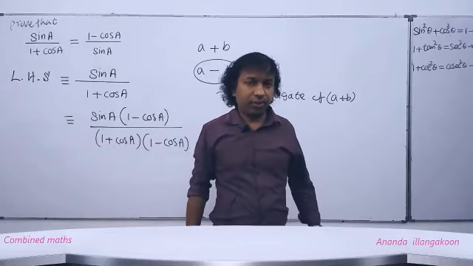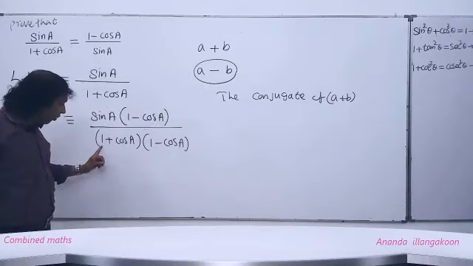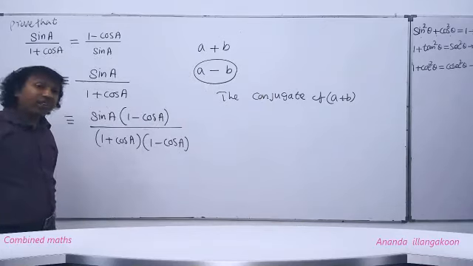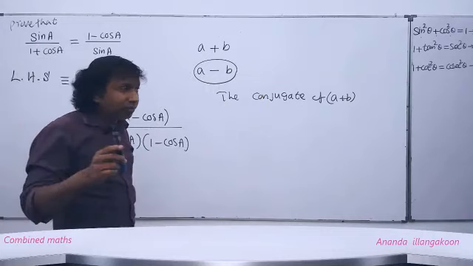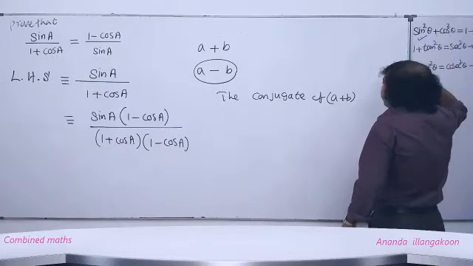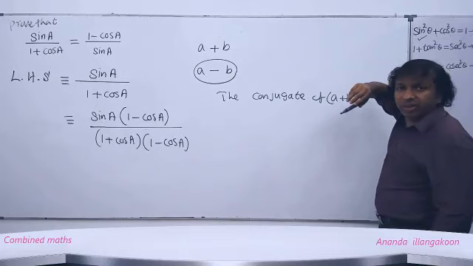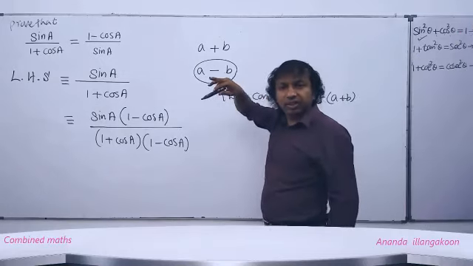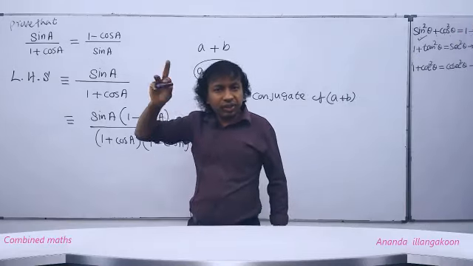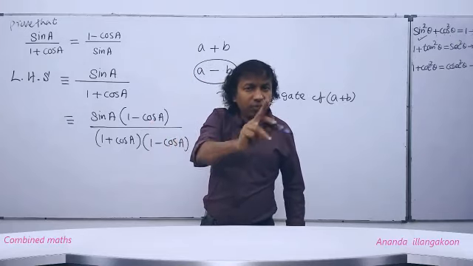Right? Okay. Now you can see, people, this 1 plus cos A, 1 minus cos A. What is that? Today, can you remember after obtaining the very first formula, right? Taking this cos square theta to the right hand side, we got there 1 minus cos square theta. And that 1 minus cos square theta, can you remember we wrote as 1 minus cos theta into 1 plus cos theta?